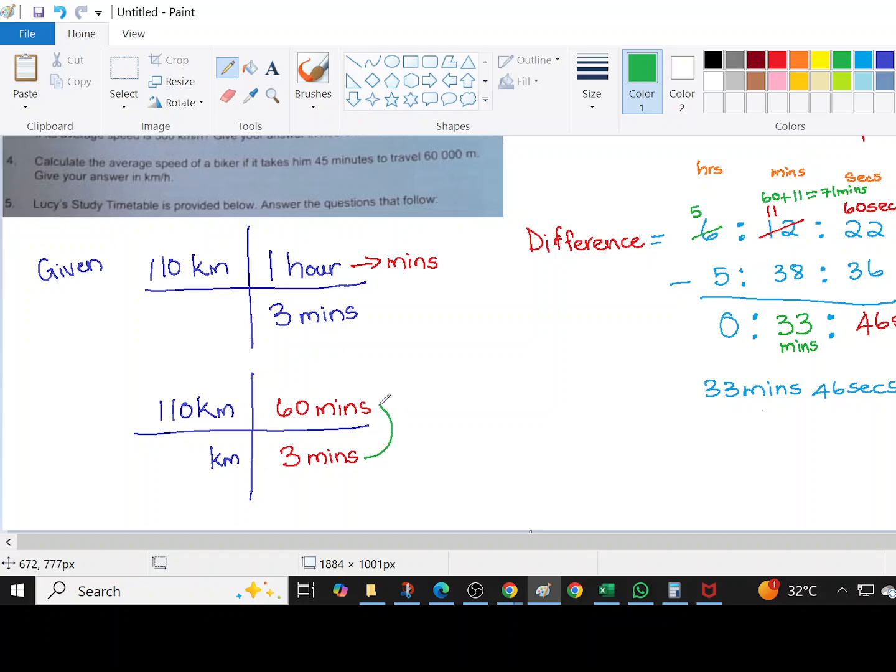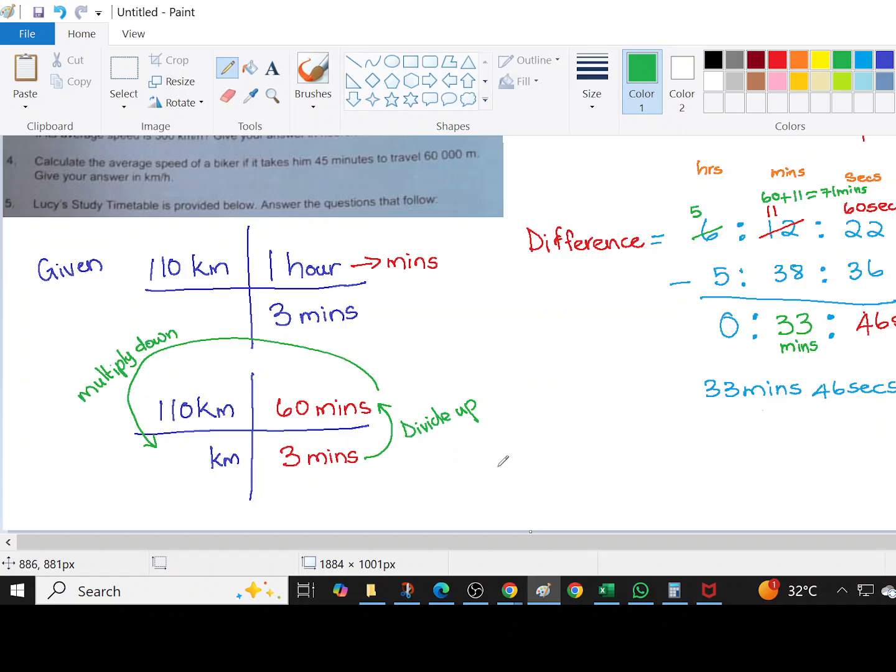So you divide up, and you multiply down. Do you understand this about divide up and multiply down? Yes, miss. Okay.